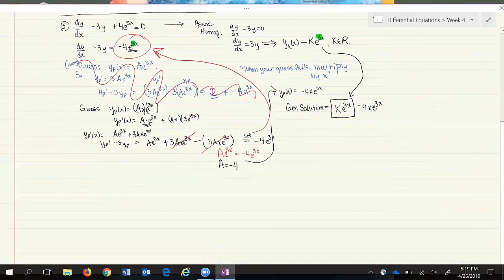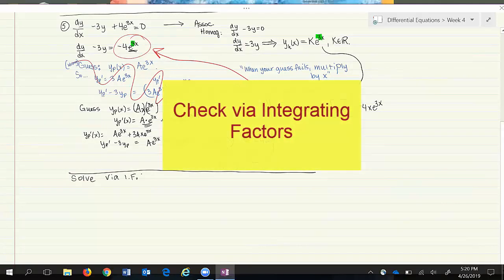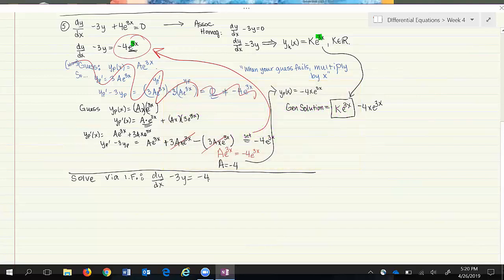I'm going to shrink it a little down here so that we can solve the same problem with integrating factors without a lot of movement. So I have dy/dx minus 3y equals -4e^(3x). My integrating factor would be e^(-3x).